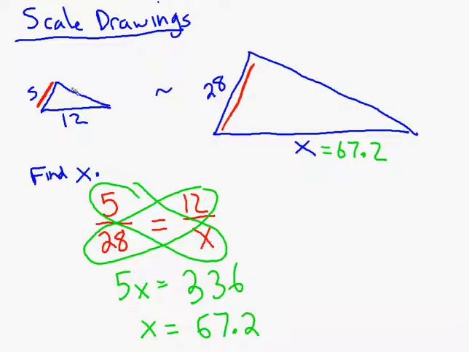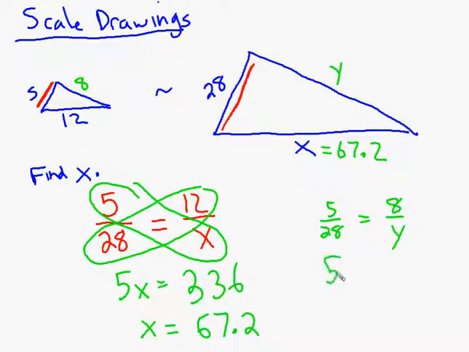Let's say this side right here, I'm just going to make up a number, maybe 3. Wait, no. 8. Let's do y. Now I don't want to use this thing that I just calculated. Maybe I made a mistake, or maybe I needed to round. So I'm going to do 5 is to 28 as 8 is to y.